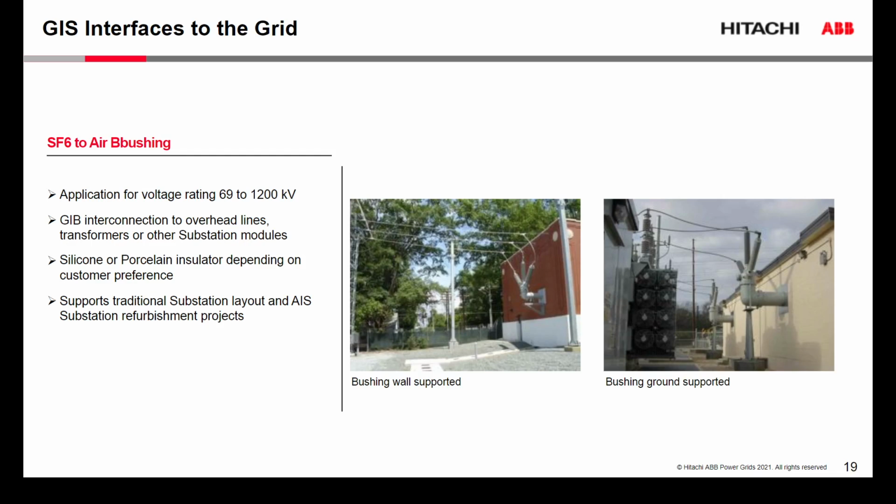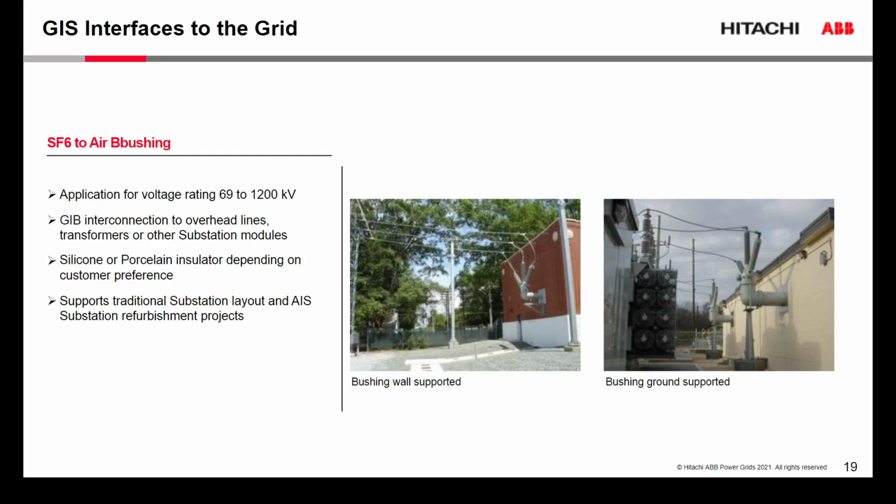The bushings are available in silicone or porcelain, even if the trend is going more and more to the silicone insulator, just because of the safety of these silicone insulators and the higher availability.